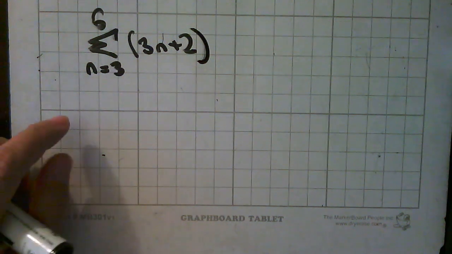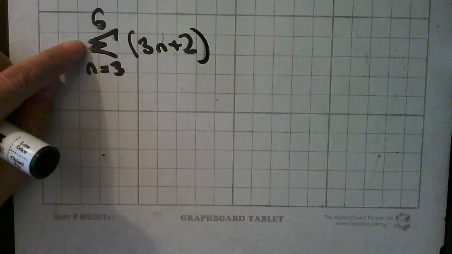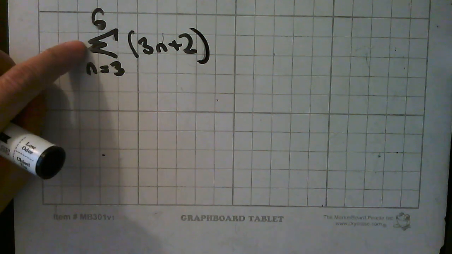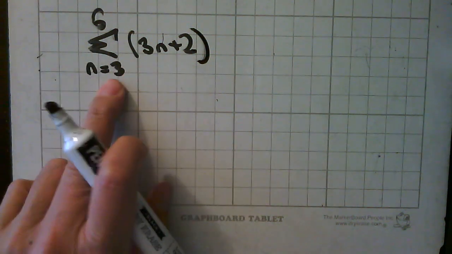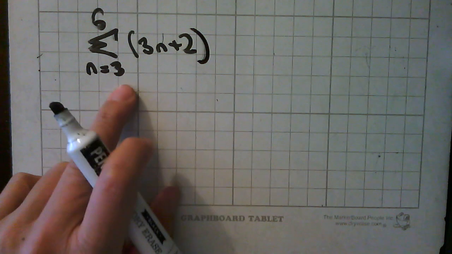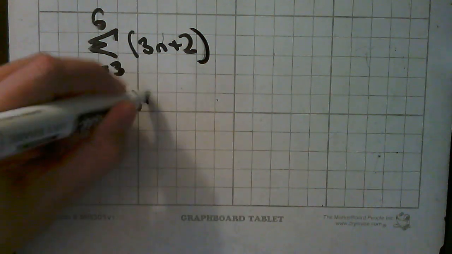Okay, in the third section of your homework, you're going to have these type of problems. So this looks new. This just means you're going to take the sum. This is called sigma, or sometimes they say summation notation. So this is how you read this. You're just going to plug in these into your n values. So we have 3 times 3 plus 2.